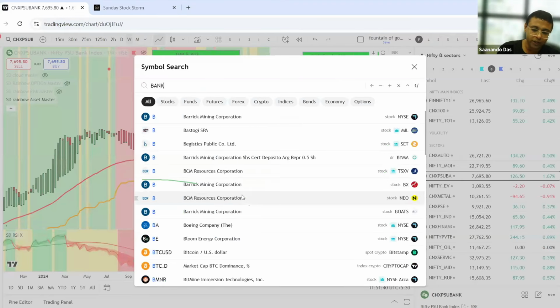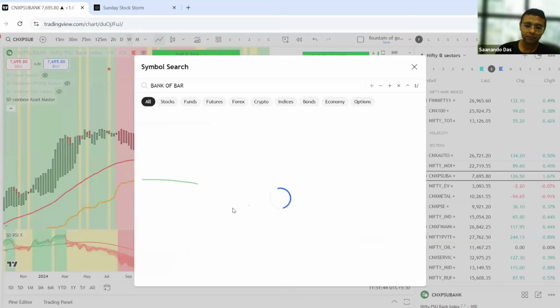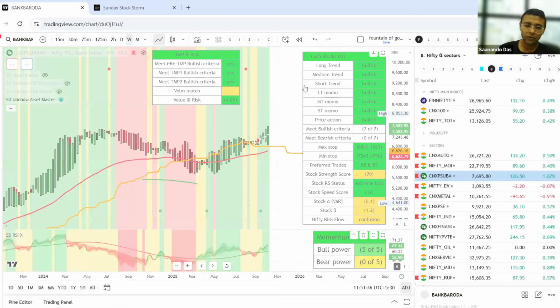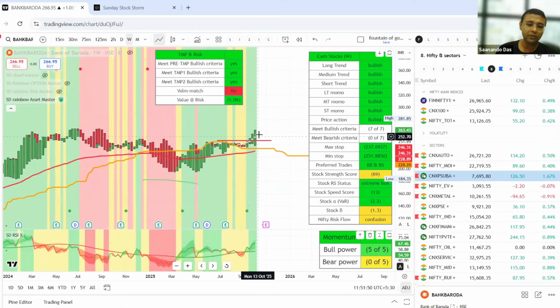Similar chart you will see in Bank of Baroda. See, similar kind of chart. What we can see in PSU bank index. So it has the capability to go up. Only problem that I see is the strength score.